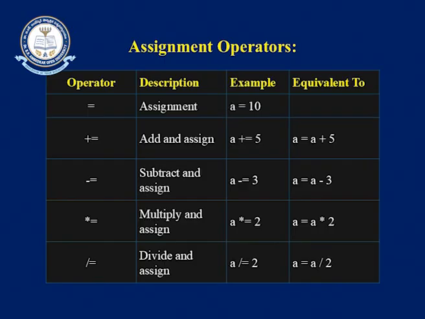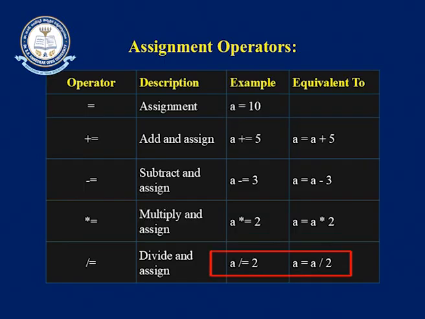Similarly, the minus equals to, or subtract and assign operator, does the same. It subtracts the value 3 from the existing value of a. In case of multiplication equals to, it multiplies the existing value of a with 2, which looks like a equals to a into 2.